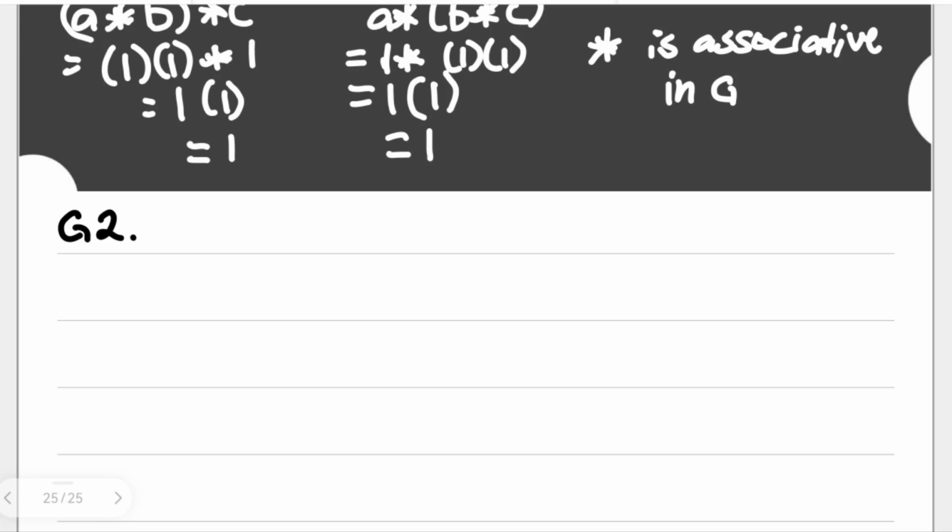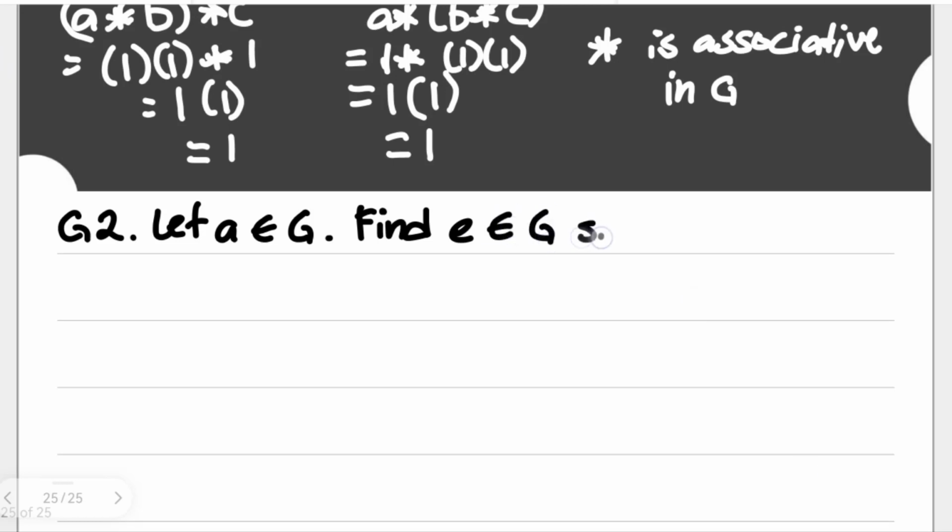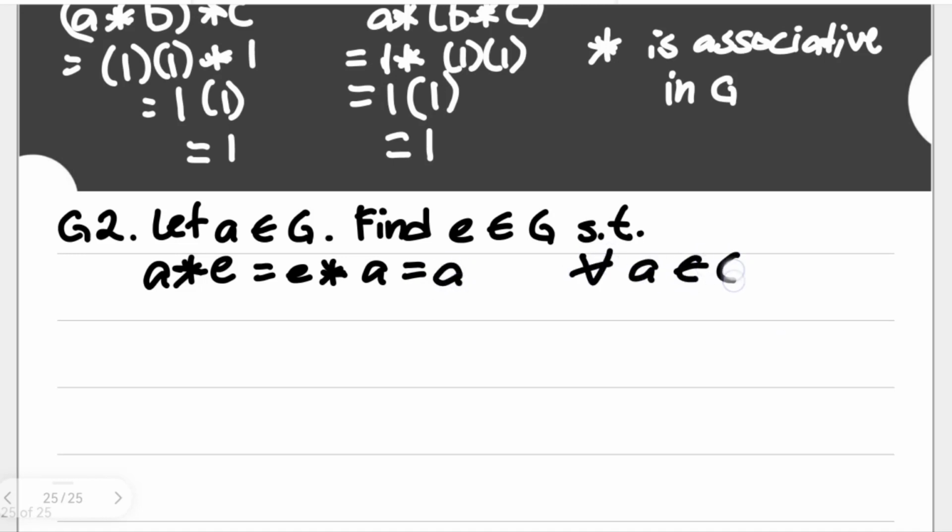But of course, we're going to show it anyway in symbolic form. So let A be an element of G. We're going to find E, an element of G, such that A star E equals E star A equals A for all A in G. We're doing this so that we could actually practice this.